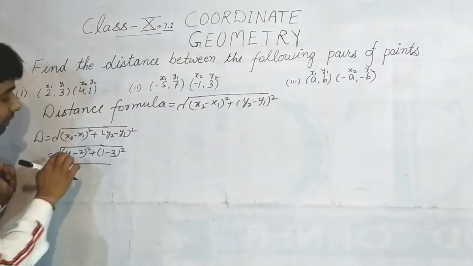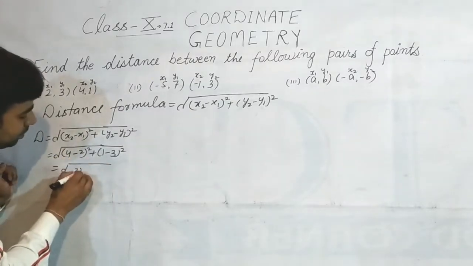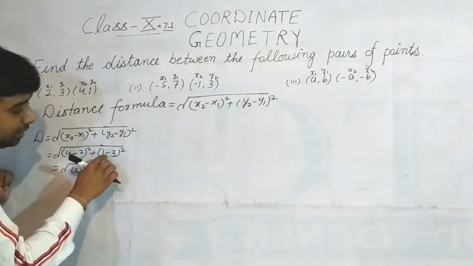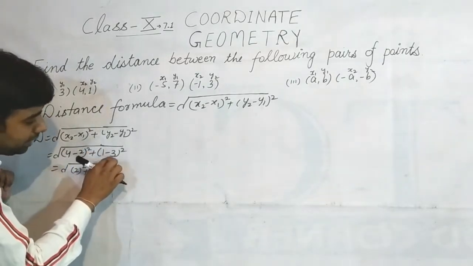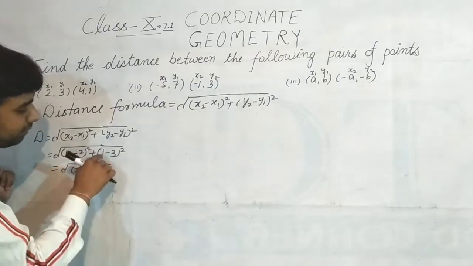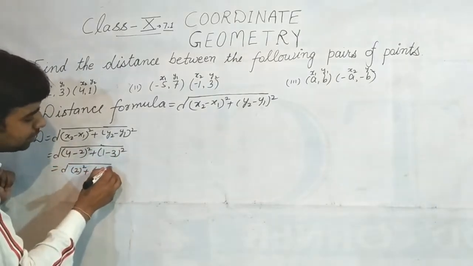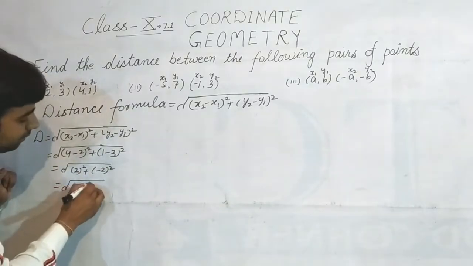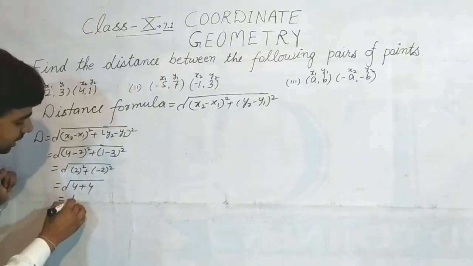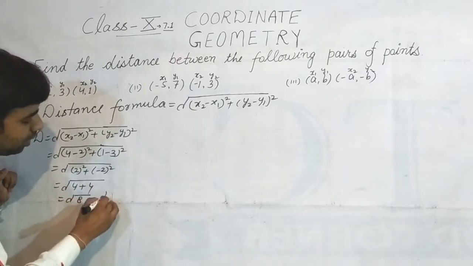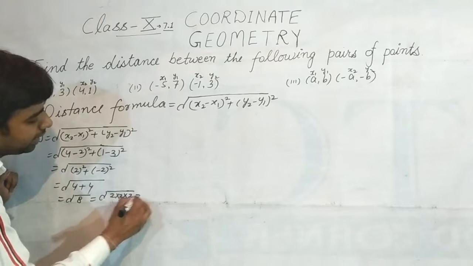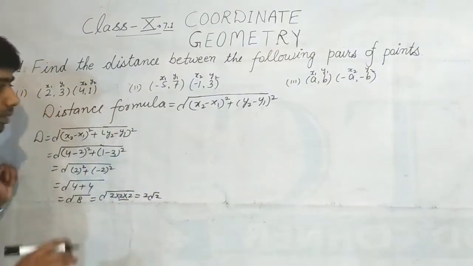If we subtract 4 minus 2, we get 2. And in class 8 you have studied, this is 1 and this is 3. 3 is a greater number than 1, so we will get minus 2 to the whole square. After squaring we get 4, and 4 plus 4 gives 8. Now we can factor it, 2 multiply 2 multiply 2, and we will take out 2 under root 2. That is the first question.